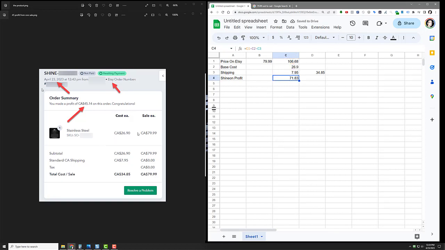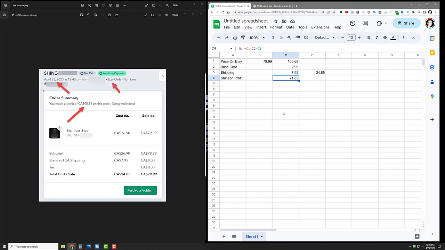Oh yeah, they're looking at my cost per sale, sorry, which buggers up my revenue, because my Shineon account is in Canadian, and the revenue on my Etsy shop is in US, so there's a discrepancy there. So this number is actually wrong. The real profit would be 106 minus your 34.85, which leaves you $71.81, which looks really, really good, right?